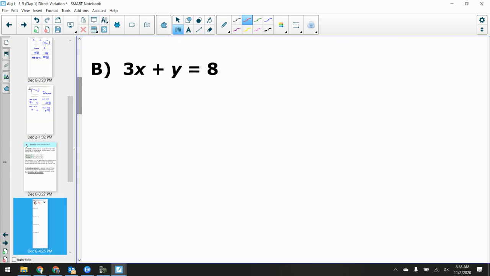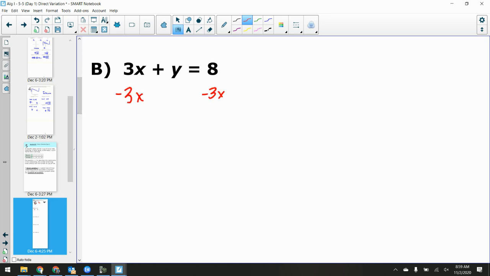Is this a direct variation? Well, a direct variation is in the form y equals, right? It looks very similar to slope-intercept form, but not exactly, because there's no addition or subtraction. So I've got to get it into y equals. How do I get y alone on the left side? I subtract 3x from both sides.